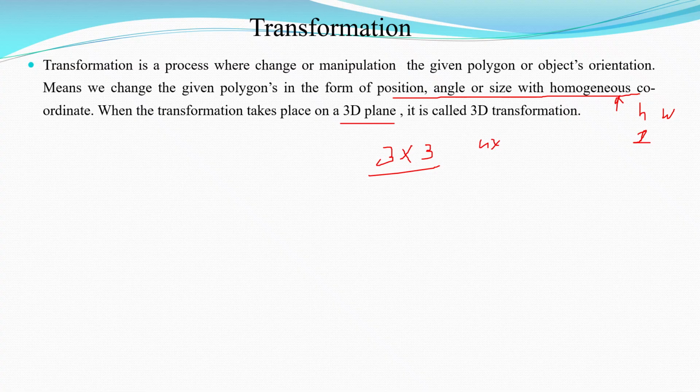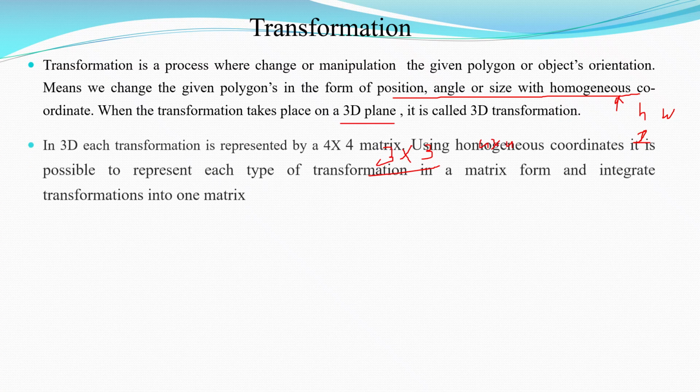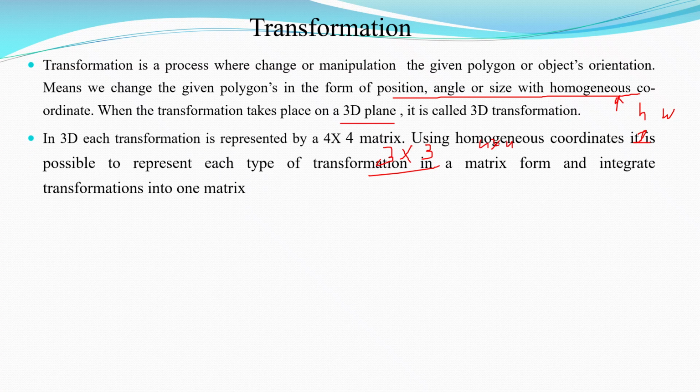Okay, so the next point we have to focus on. In 3D, each transformation is represented by what? A 4 by 4 matrix. Why does it become 4 by 4? Using the homogeneous coordinate, it becomes a 4 by 4 matrix. It is possible to represent each type of transformation in matrix form and integrate transformations into one matrix.